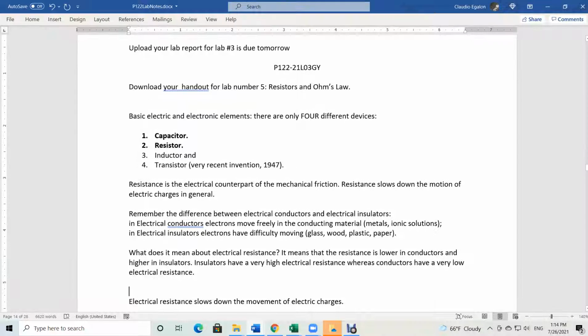So resistance is a way to quantify the ability of a material to let charge move inside it. Resistance is a quantitative measure of motion of the charges in a material.